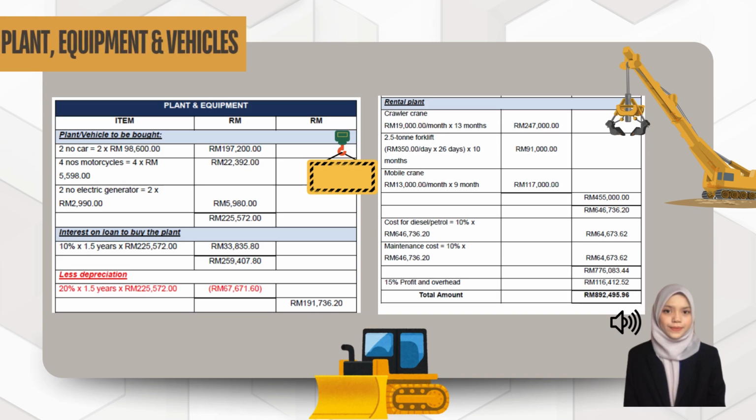The next part, rental item, contains a crawler crane, 2.5 ton forklift and mobile crane. Total up the amount and add 10% for each diesel and maintenance. Lastly, add a 15% profit and overhead, and the cost is 892,495 ringgit 96 cents.